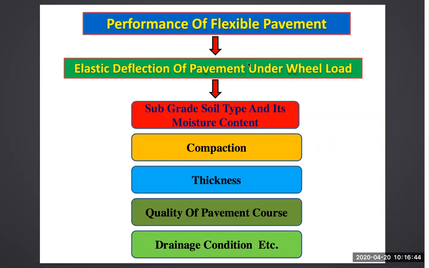Pavement performance is based on all these parameters, and elastic deflection also depends on these things. These are the major five things: the soil type and its moisture content, compaction of those soils, thickness, quality of the pavement course, and then drainage condition.